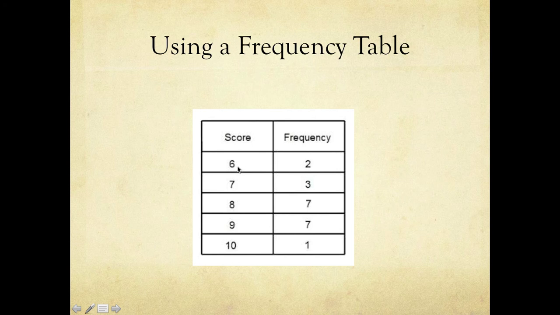So our data would look like 6 6 7 7 7 8 8 8 8 8 8 8 9 9 9 9 9 9 9 10. So instead of writing out that long list of data, we represented a frequency table showing that we had 2 6s, 3 7s, 7 8s, 7 9s, and 1 10.